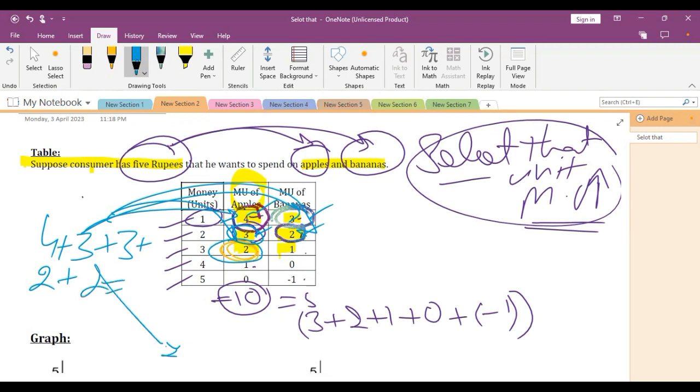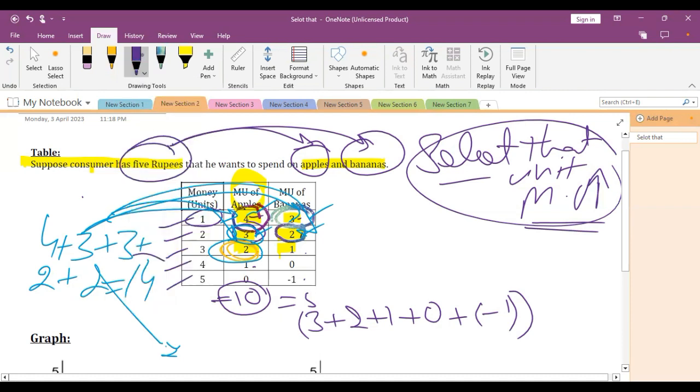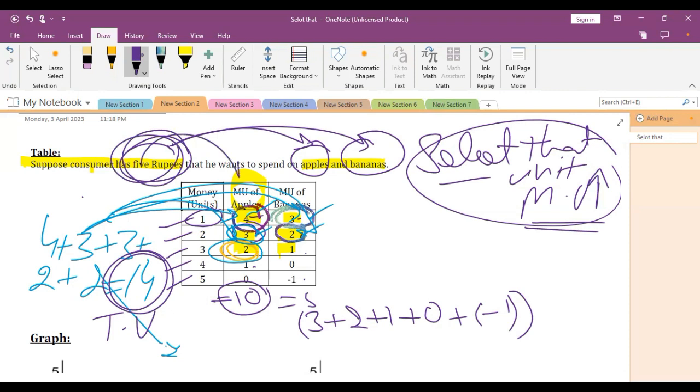So the total utility that we have obtained here is 4 plus 3, 7, 7 plus 3, 10, 10 plus 2, 12, 12 plus 2 gives a sum of 14. So in all we have received a total utility of 14 by expending 5 rupees on apples and bananas through their different combination.